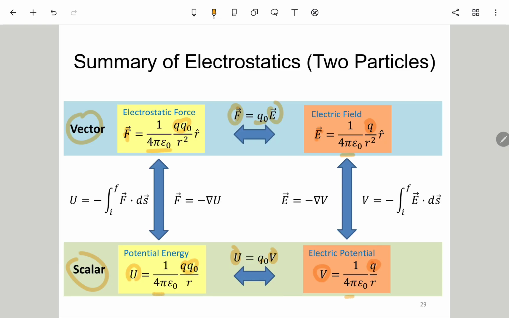Finally, vertically speaking, in this chapter, and even in chapter 22, we know voltage or electric potential is the negative of E dot ds, a line integral.